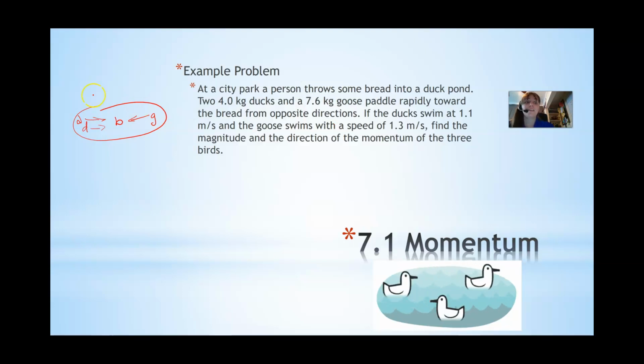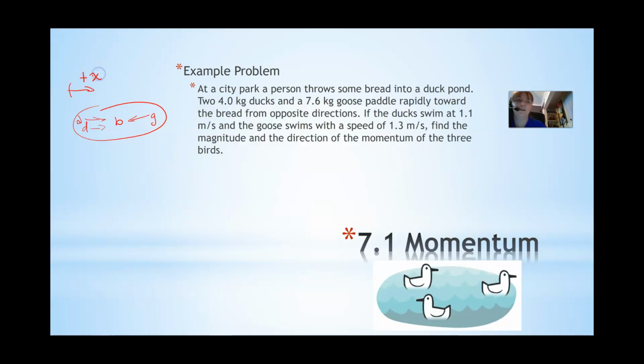All right. Based on this graphic, I've drawn my 2 ducks and my goose going towards the bread. If we establish that to the right is generally positive, that means my ducks are going to be positive and my goose is going to be negative. So our total momentum, like I said before, is going to be the sum of the individual momentums.